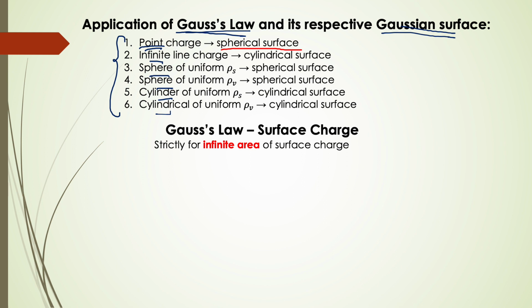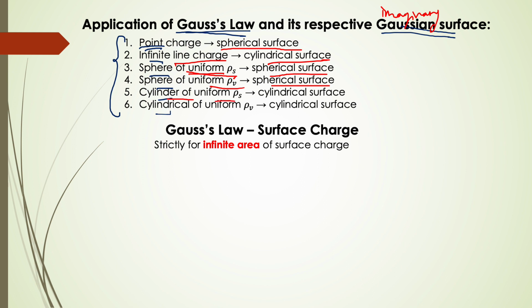For an infinite line charge, the Gaussian or imaginary surface will be a cylindrical surface. For a sphere of uniform rho v, it will be a spherical surface.